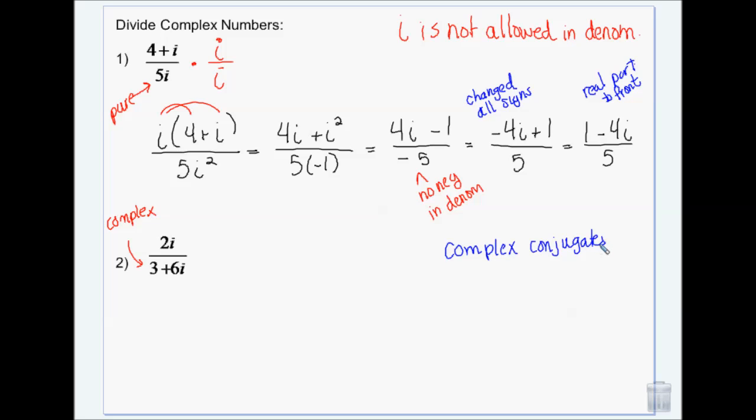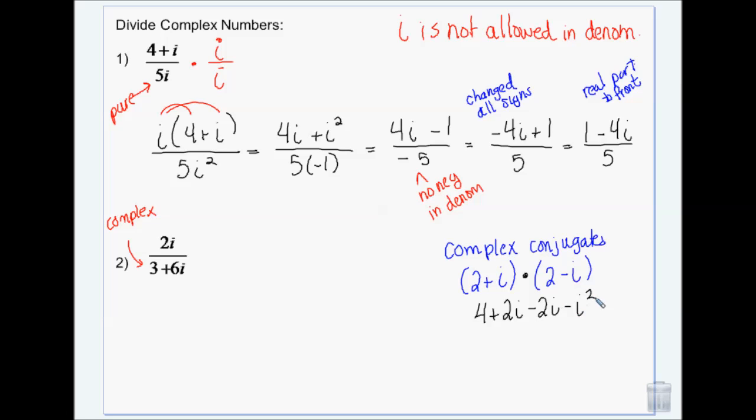Okay, and here's how complex conjugates work. If I have 2 plus I, the complex conjugate is 2 minus I. It's kind of like a difference of squares. And the reason it works is those middle terms, those i's, will go away. If I FOIL these out, I get 4 plus 2I minus 2I minus I squared.